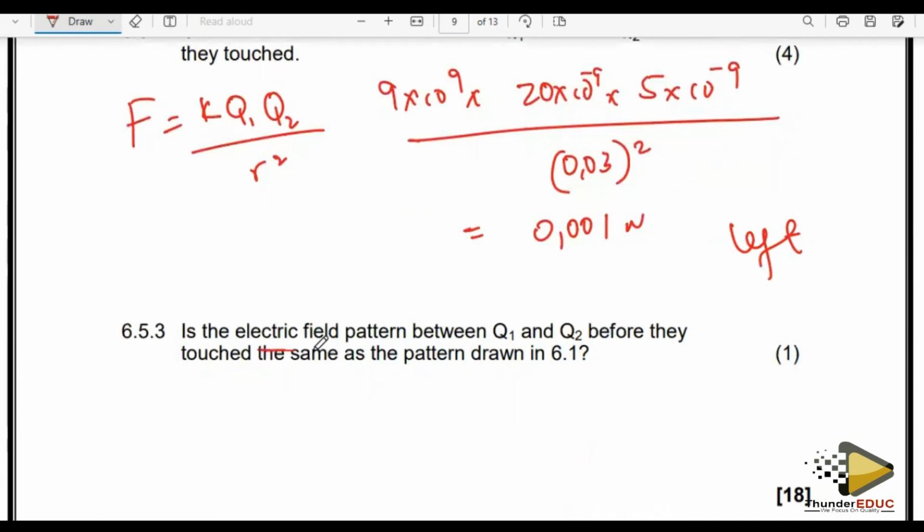And then it's the electric field pattern, before the touch. So remember, before the touch, we're having a positive and negative. And then after the touch, there was a pause.